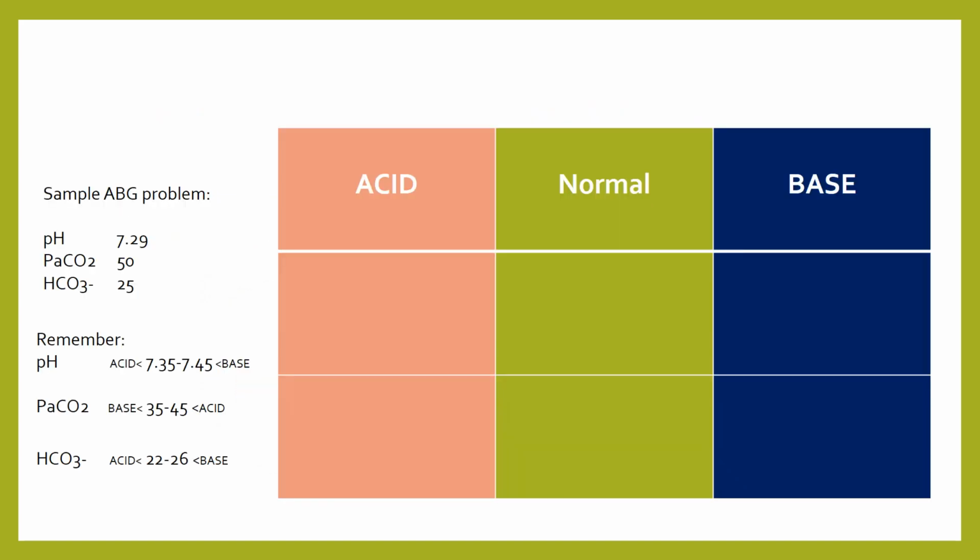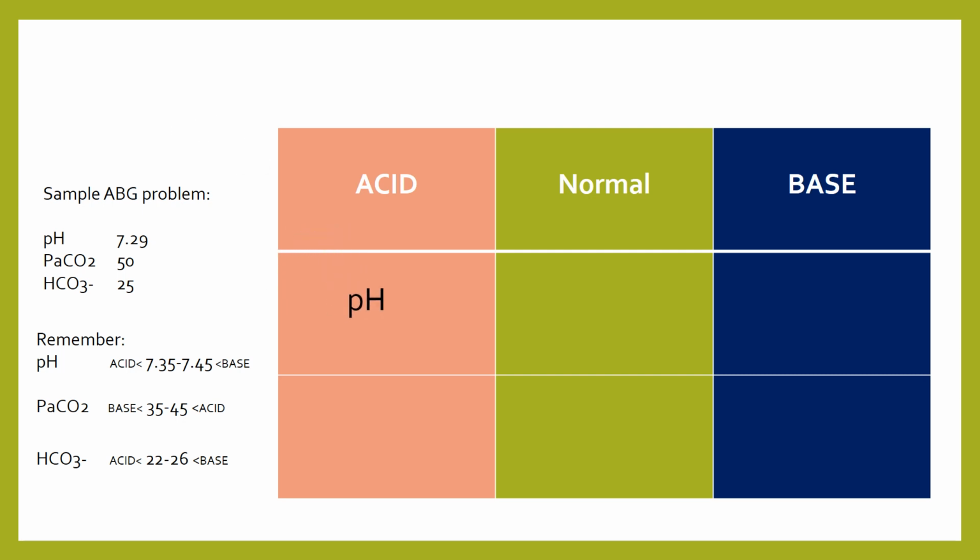Okay, so here's a sample ABG using the tic-tac-toe method. We have a pH of 7.29, a PaCO2 of 50, and a bicarb level of 25. Using our numbers from below, remembering normal pH and our normal levels for CO2 and bicarb, we know that a pH of 7.29 is an acid.